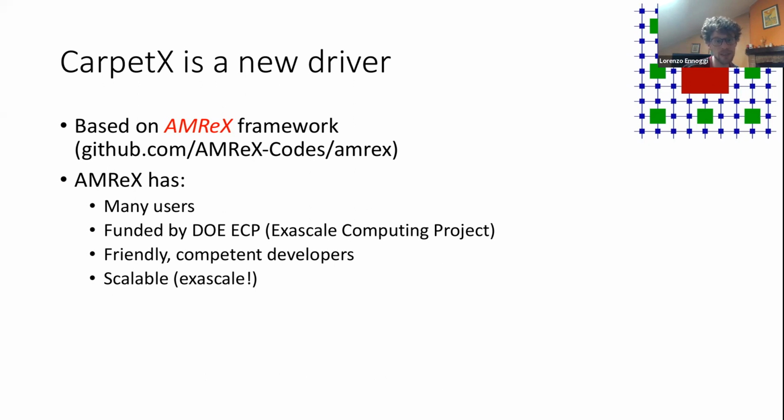AMRX is really adaptive in the sense that the criterion whether or not you want to refine your grid is local and is decided during the evolution. And I'll tell you a little bit more about this.